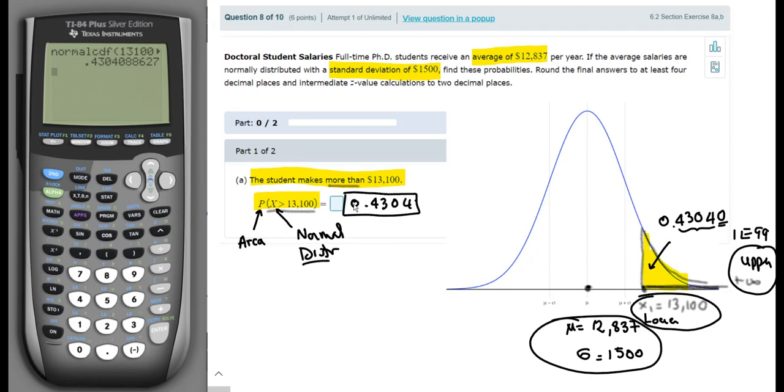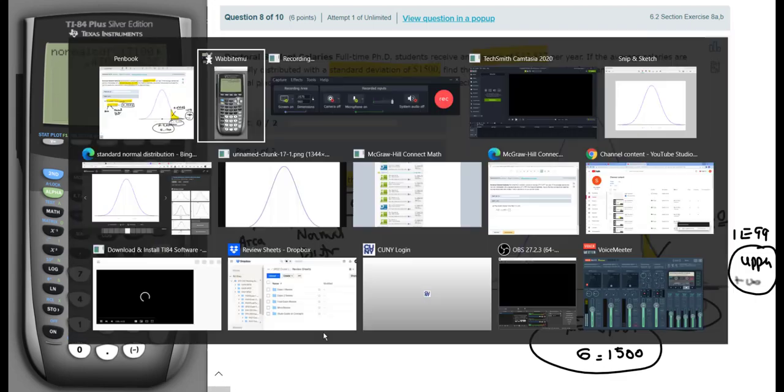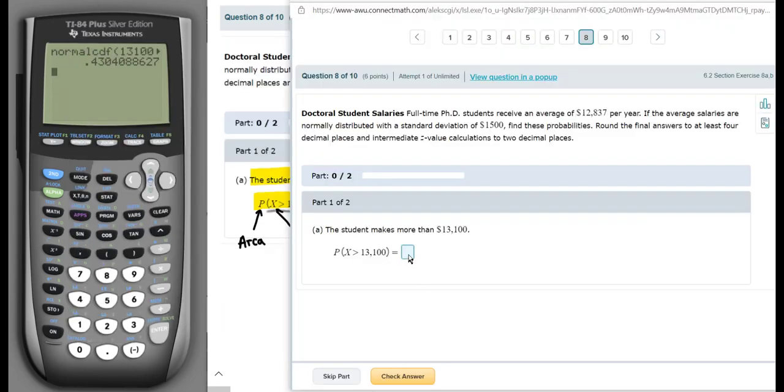Okay, let's plug it in and see whether it's correct or not. It's going to be 0.4304. Check it.